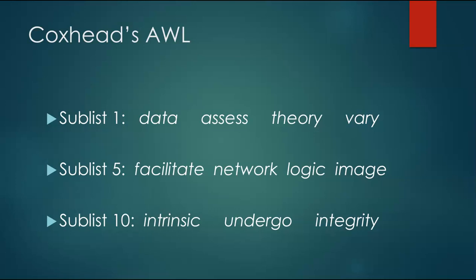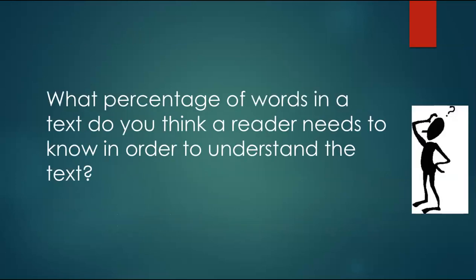And then at the final list, sublist 10, we're going to find intrinsic, undergo, integrity. Those are the least frequent, and you're going to find sublist 10 words less frequently than, say, the sublist 1 words. But remember, these are not specific to a certain discipline, but are general to academic texts.